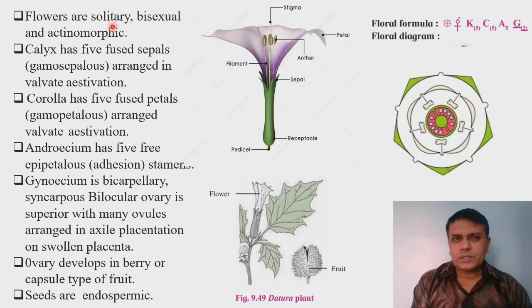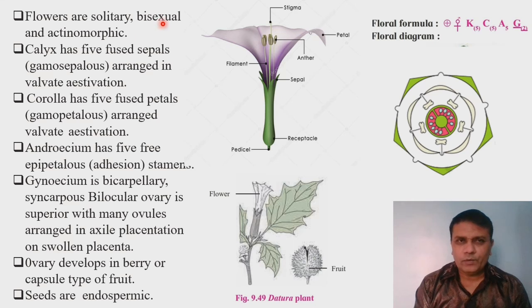Similarly, the flowers are bisexual. Bisexual means development of androecium as well as gynoecium, that is, development of male androecium and female gynoecium in the flower. Such a flower is called a bisexual flower.